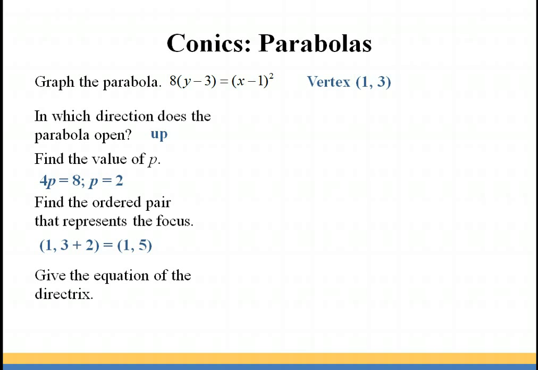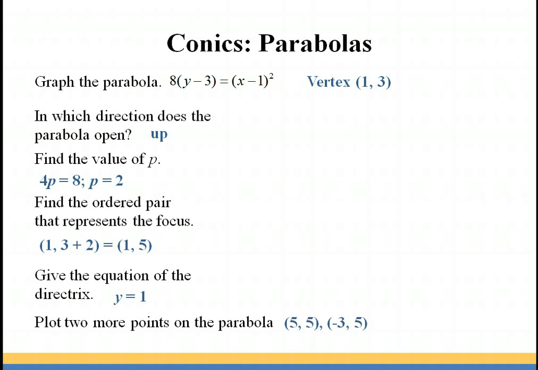Keep in mind that your focus is always going to be on the inside part of the curve of your graph. And we want to give the equation of the directrix. Well, the directrix is 2 units on the other side of the vertex, so it's going to be at y equals 1. Remember that if you have a parabola that opens up, you have a vertical line of symmetry, which means that you have a horizontal directrix because those two lines are always going to be perpendicular to each other.